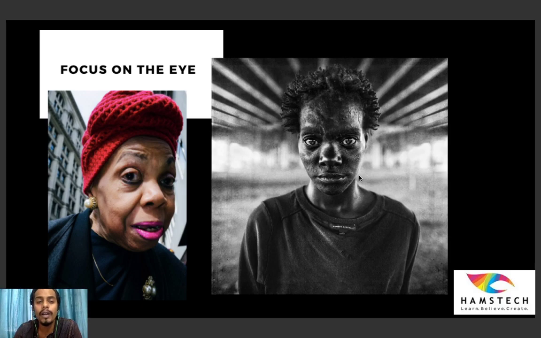Your viewer will appreciate your efforts because eyes are visible and there is light in the eyes. If you look very closely in both of these portraits, there is a small reflection of light in both of their eyes. So always try to capture that reflection in the eyes because that will make your photograph look alive.